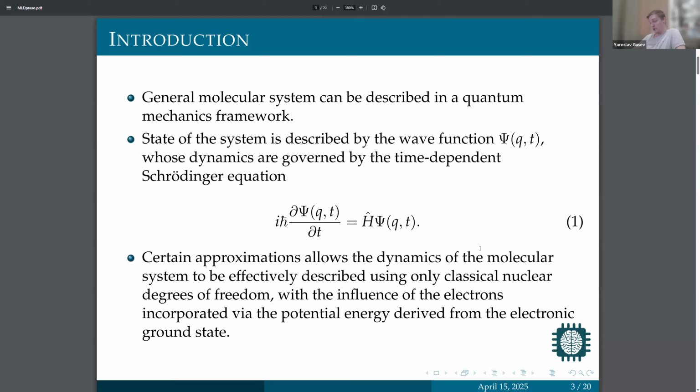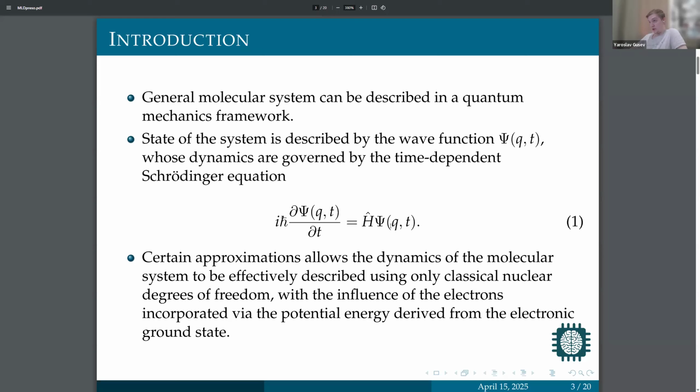Although it's a correct description, it's computationally kind of impossible, both numerically and analytically, to solve for relatively small but realistically large systems. Analytically, it can only be solved for very simple cases, like an atom of hydrogen, just one atom, but for harder systems, like a collection of molecules, it's impossible.